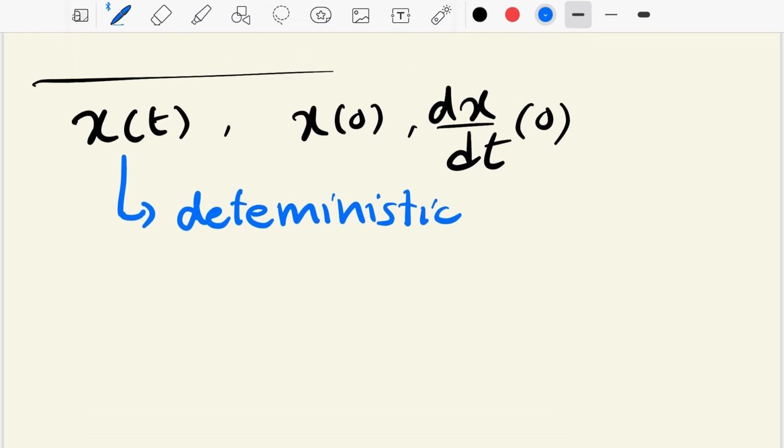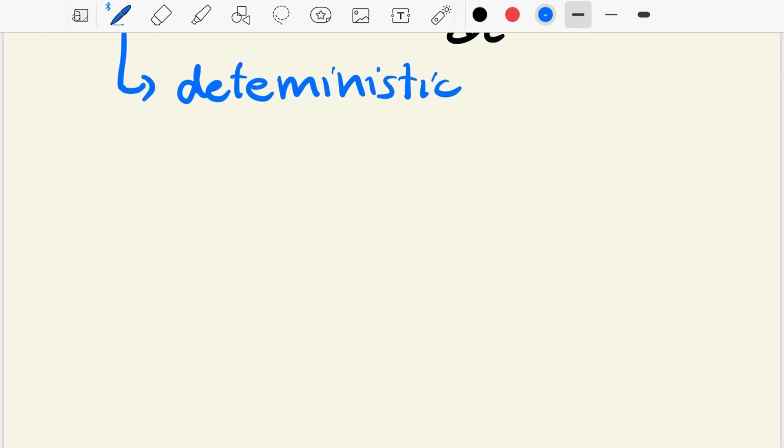Also, in the next lecture, I'm going to discuss how to obtain the Schrodinger equation.